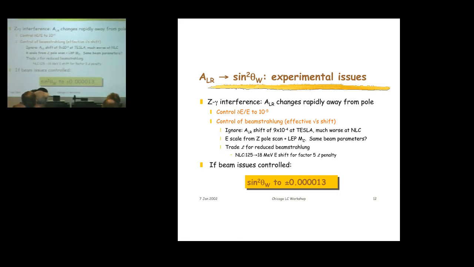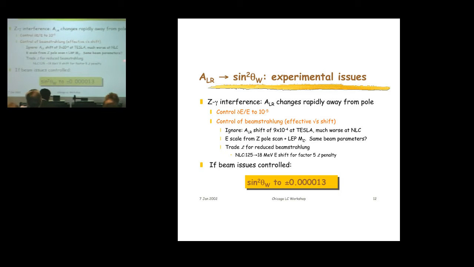Another effect that one has to contend with is the fact that the left-right asymmetry that you measure will change quite rapidly away from the Z-pole because of the Z-photon interference. So again, you need to control the beam energy scale to about 1 part in 10 to the minus 5. And you need to control the beamstrahlung at that level as well, well, to a few percent of itself, so that you know the effective root S shift.